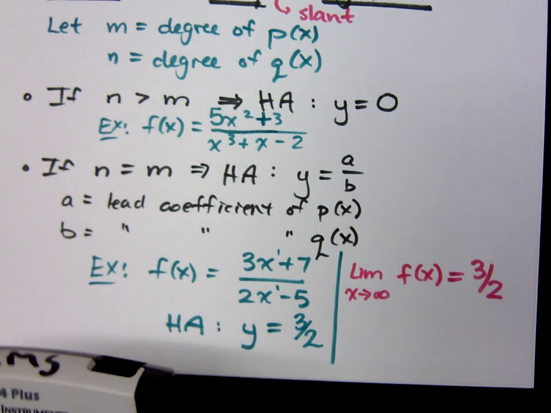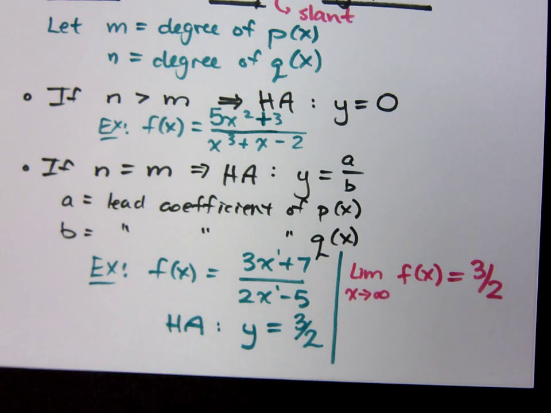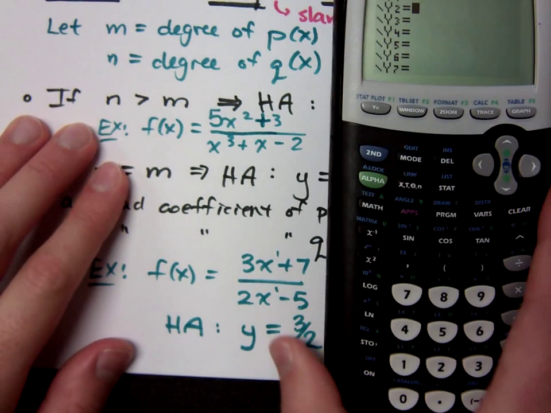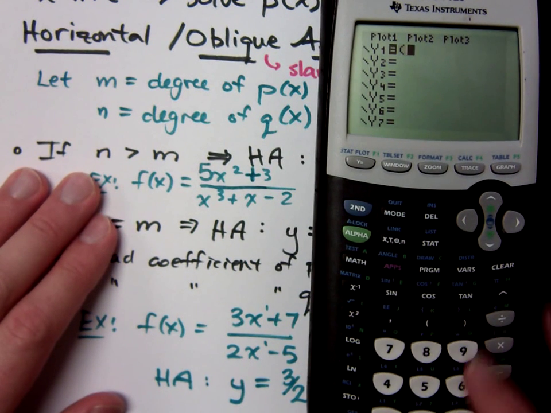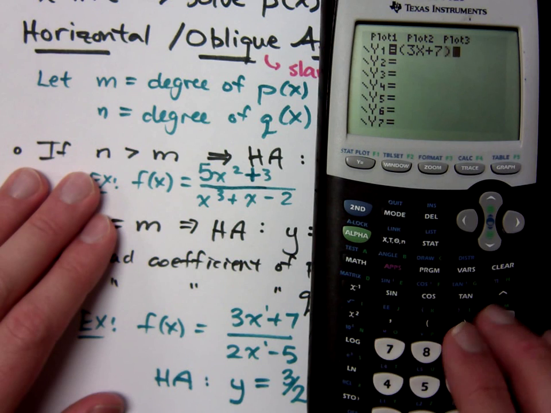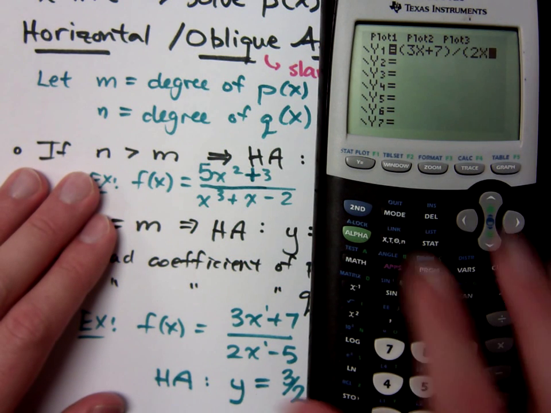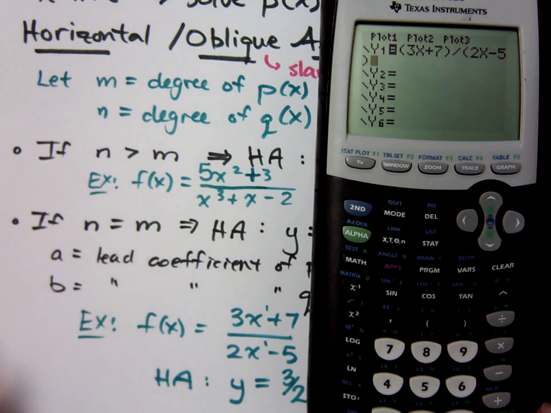So why not, right? So if I type in, make sure you use parentheses correctly, 3x plus 7 divided by 2x minus 5.